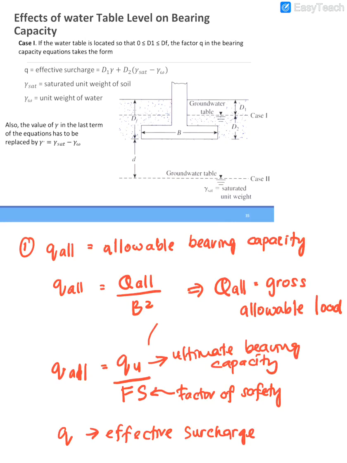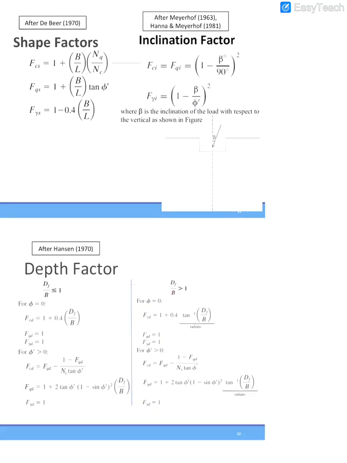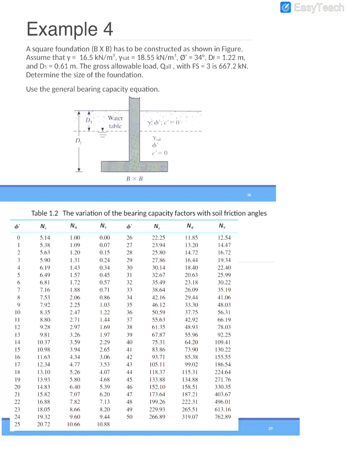Now let's proceed to the solution for example number 4. A square foundation, B times B, has to be constructed as shown in the figure below.